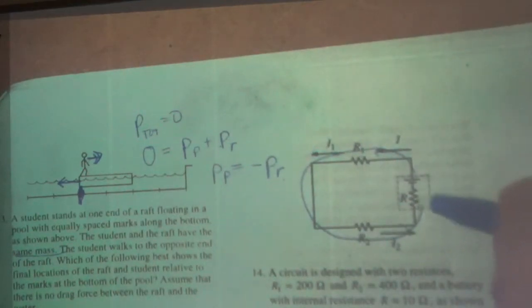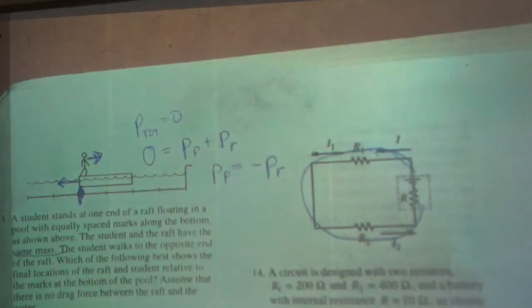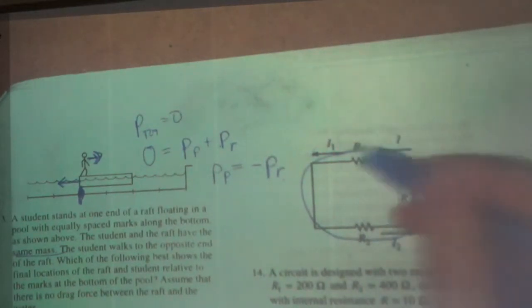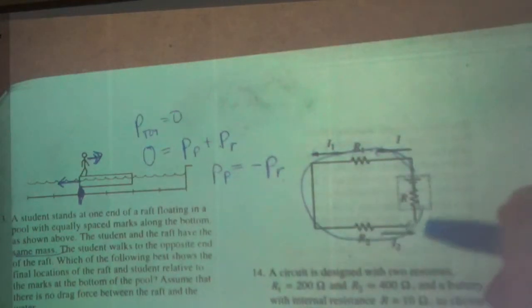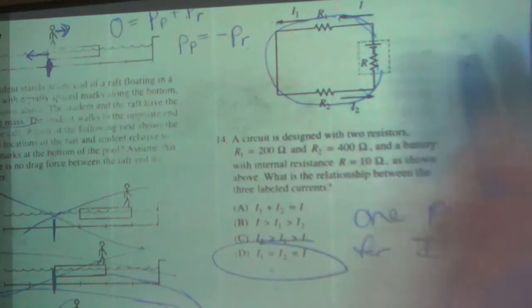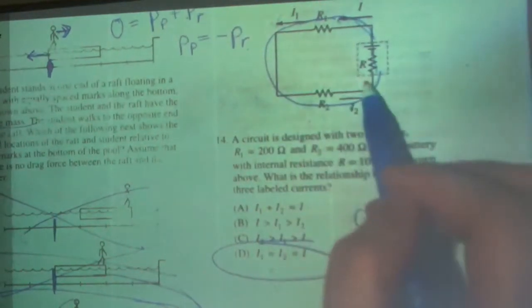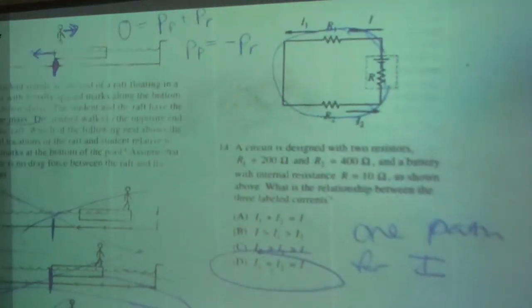But this one's actually really easy because you don't lose current through a resistor. You might drop voltage, drop potential difference, across a resistor, but you don't lose current. The current is the same in the same path, and there's only one path for it to follow. So they're all equal to each other. You can think about it as a series circuit, so they all should have the exact same current going through it.